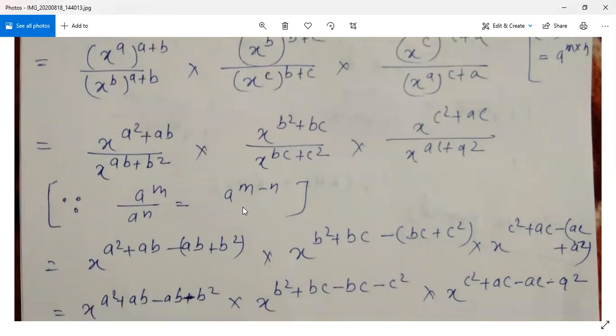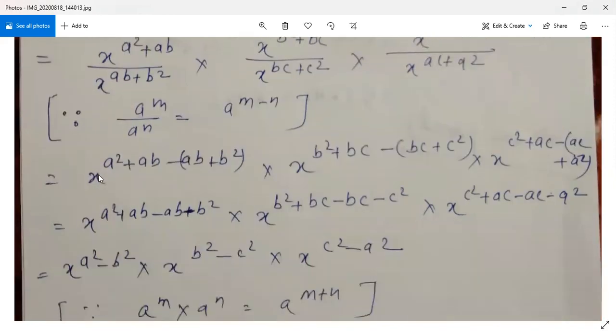Okay, so in division method, you will get here x to the power a square plus ab minus this denominator part, that is ab plus b square. Okay, so when you will take this minus inside, you will get here a square plus ab minus of b square. Okay, when you have solved it like this, see here, this is positive ab, this is negative ab, so both of this will be cancelled out.